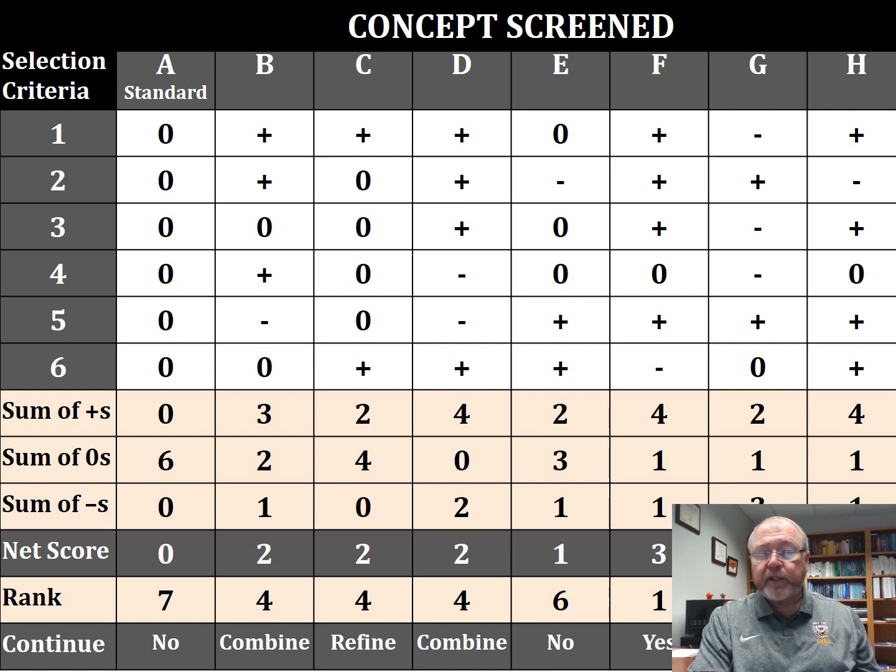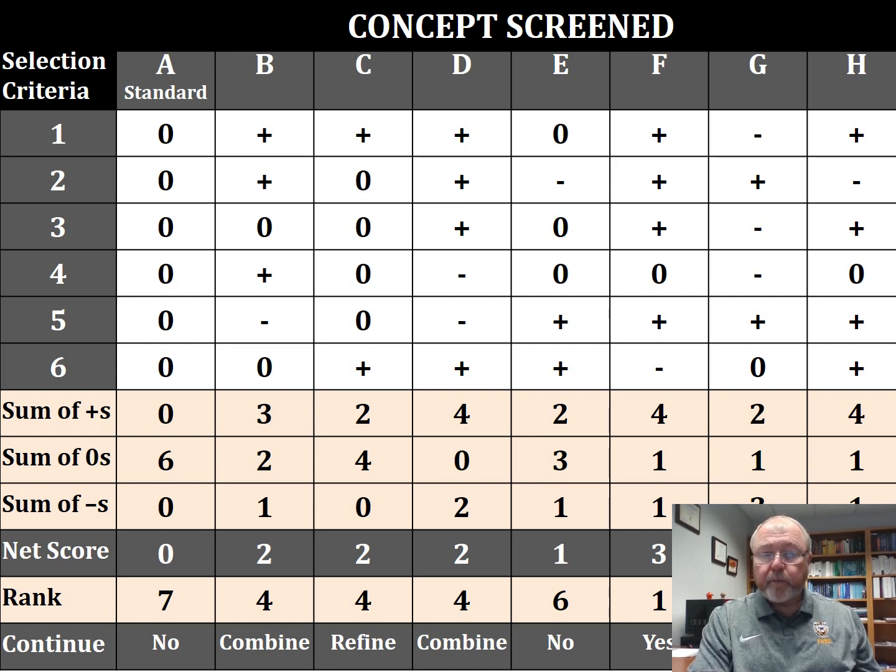So we haven't taken into consideration any sort of weighting. And our comparison scale is crude. Better, worse, similar. So we're using these net scores only as crude guidance to try and get us to a reduced number of concepts that we will then consider much more thoroughly.